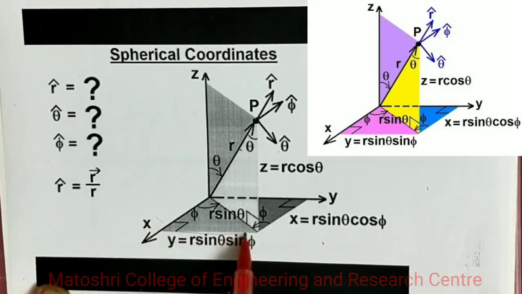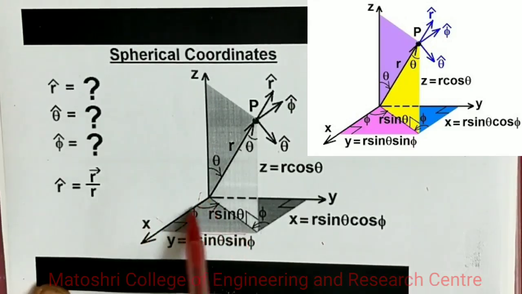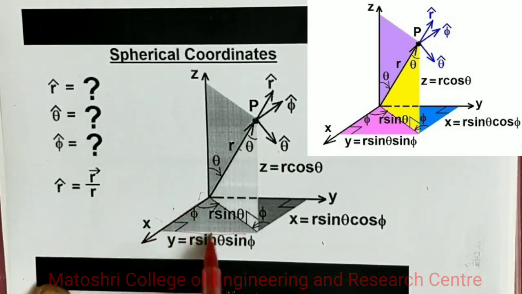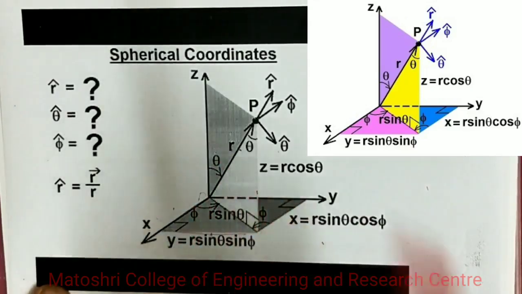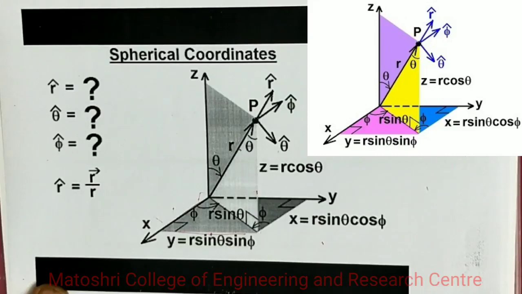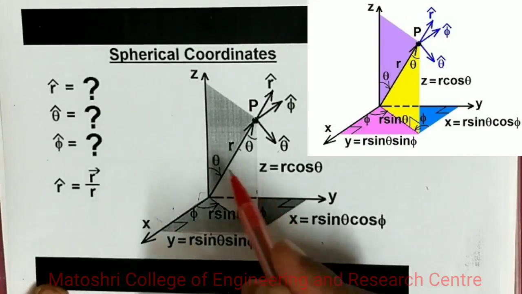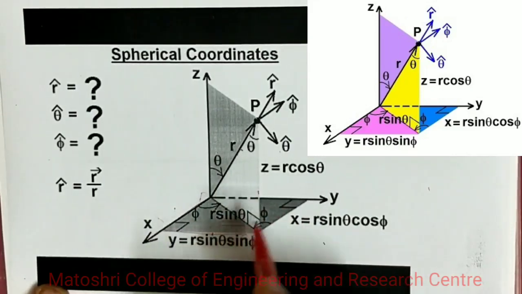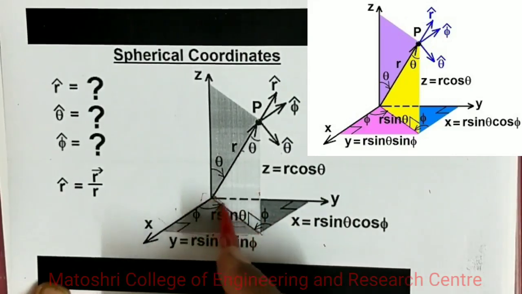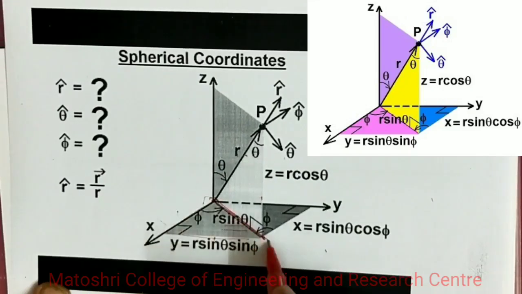This side is distance y, this side is distance x. So we have x, y and z, and r, theta and phi. Now we will try to obtain x, y and z in terms of r. This is your r, so this bottom side, diagonal, is r sin theta.